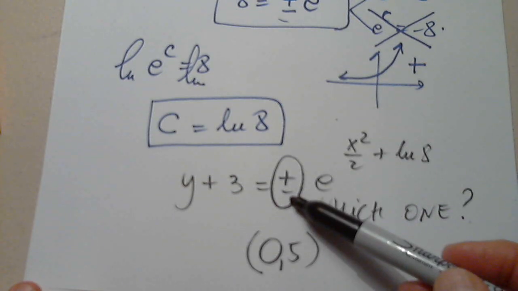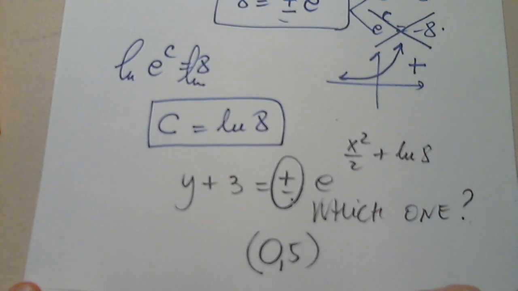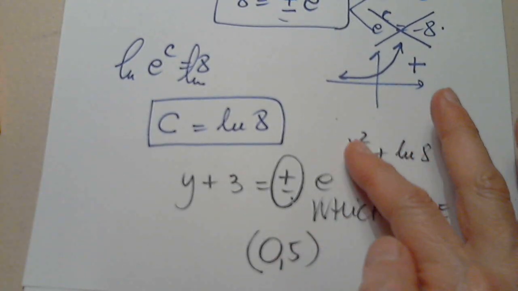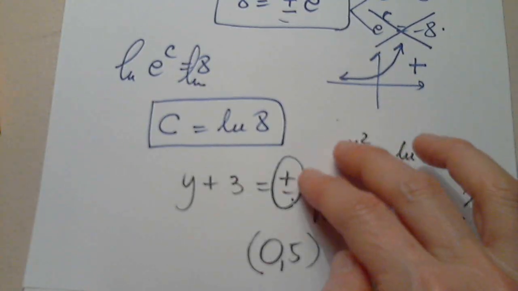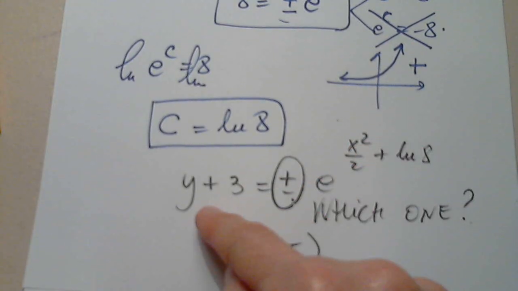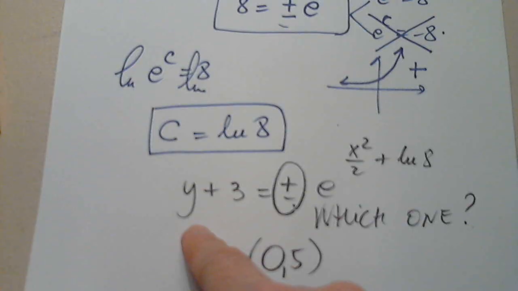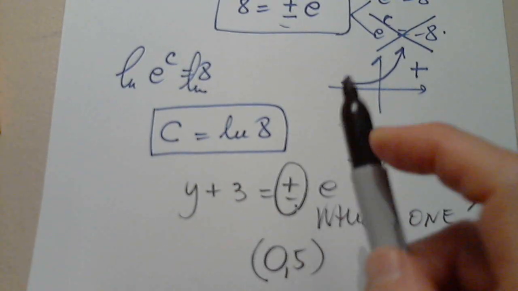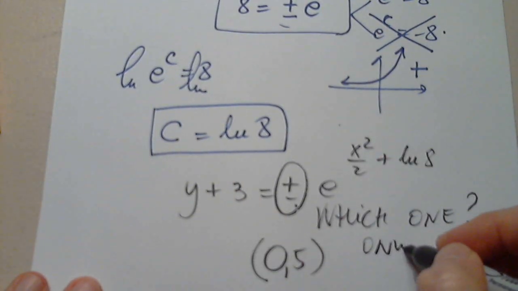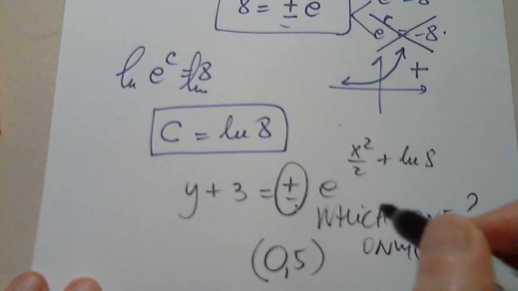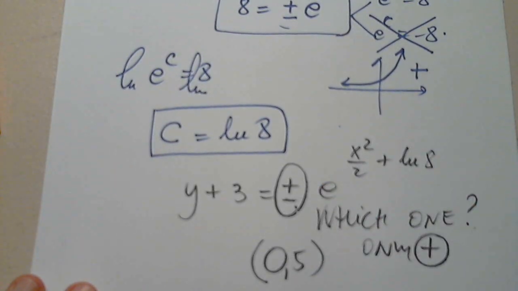The one with negative will not give us the point (0, 5). Here's what happens. When x is 0, this number is 8, but this number, plus or minus, and this one is 8. So only positive. The negative one does not work.